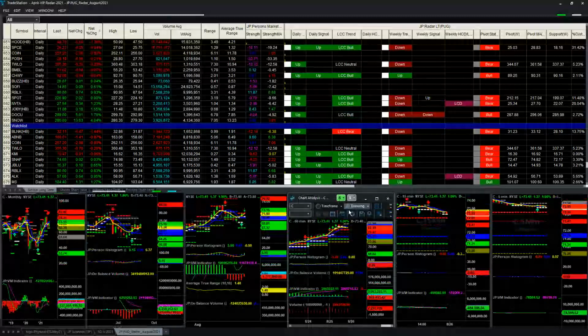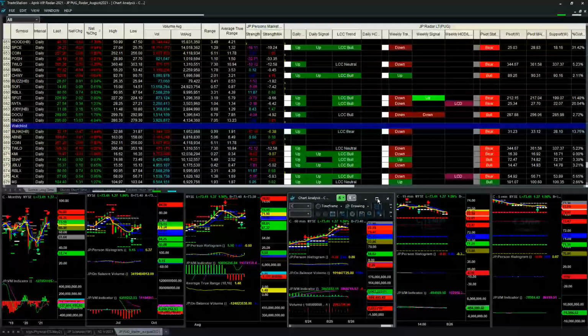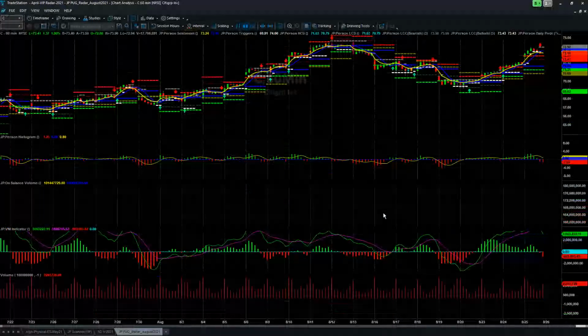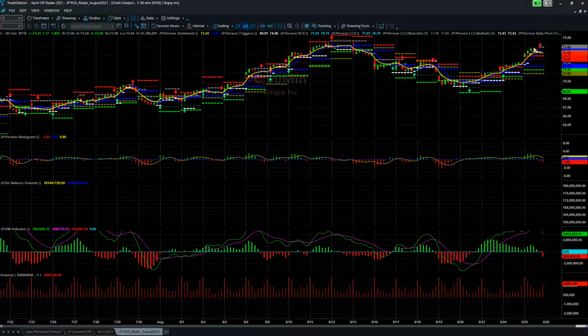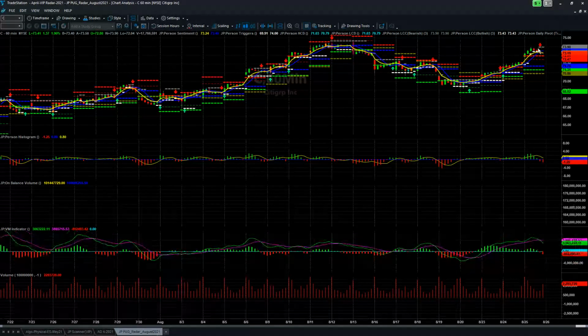So Citigroup, and again, we're comparing Thinkorswim with TradeStation, one or the other. The funny thing is Citigroup had some pretty big volume today, but in the last hour, the volume trend started to show some relative weakness.